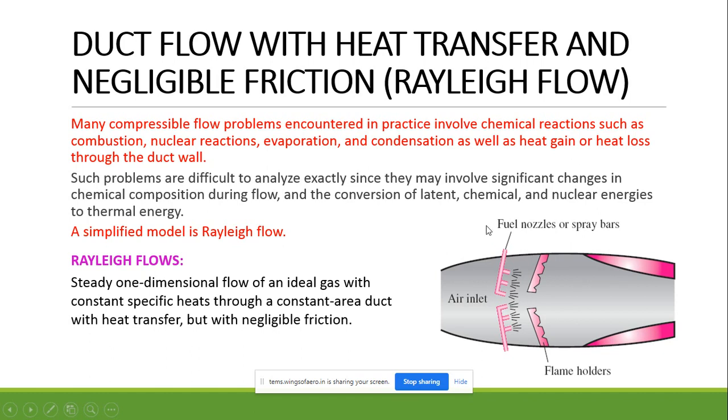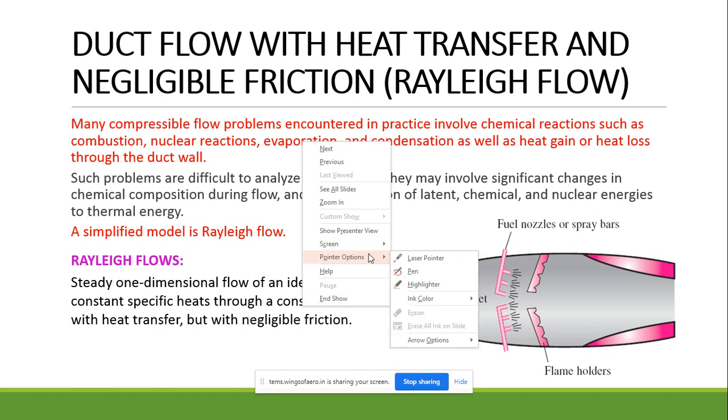The flows inside a combustion chamber will be like a constant area duct. Rayleigh flow is a flow which happens in a duct where there is no friction, but only heat transfer.